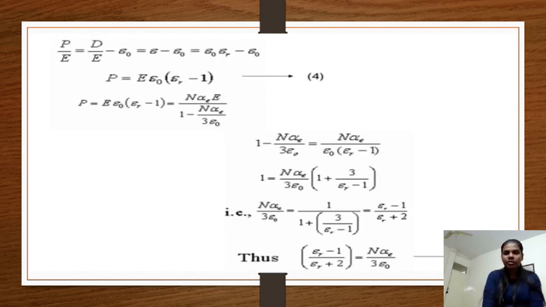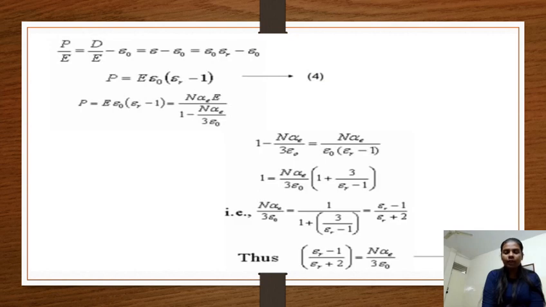Now substitute 2, 3, 4 in the first equation. So that is given as E epsilon naught into epsilon r minus 1 equal to N alpha e E by 1 minus N alpha e by 3 epsilon naught. So now 1 minus N alpha e by 3 epsilon naught equal to N alpha e by epsilon naught into epsilon r minus 1.